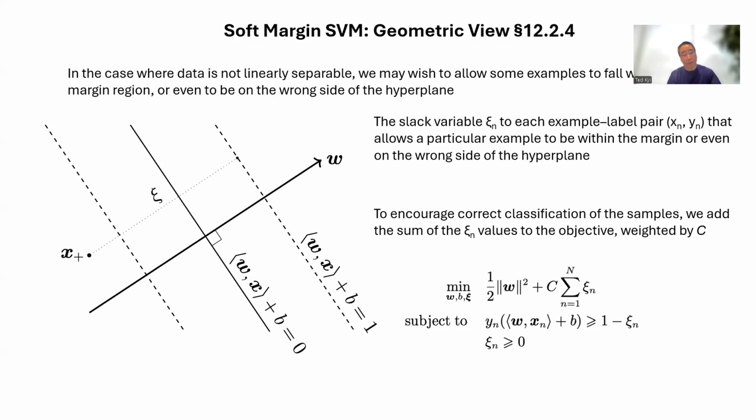And I think the geometric intuition is a lot easier to understand than some of the heavy math formalism. But imagine that we've got here our w vector, and we've defined this hyperplane, which is the solid line in the middle, wx plus b equals 0. We've now got our margin defined, where one line above it is wx plus b equals 1, and one below it, not labeled, is the second dotted line, wx plus b equals minus 1.